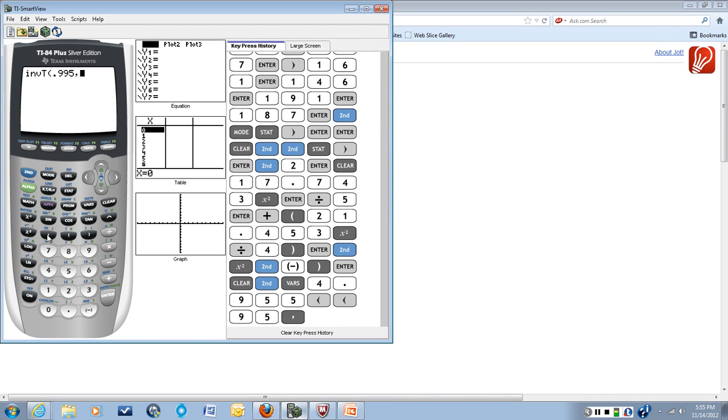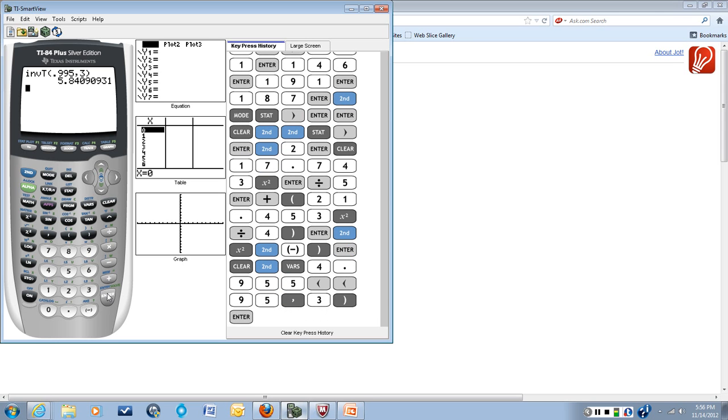And the degrees of freedom. We're going to use the conservative option 2, which tells us to take the smaller of our sample sizes, the smaller one is 4, and subtract 1. So our degrees of freedom here are going to be 3. We'll enter that into the calculator, and it comes back with 5.841 when we round it.